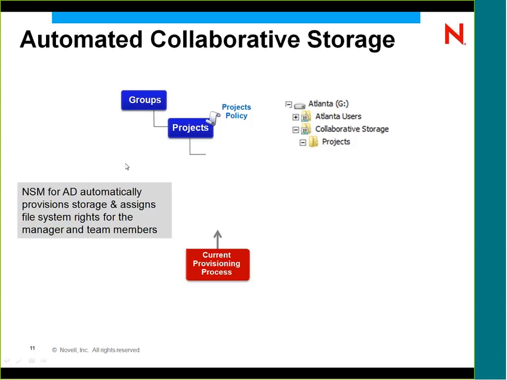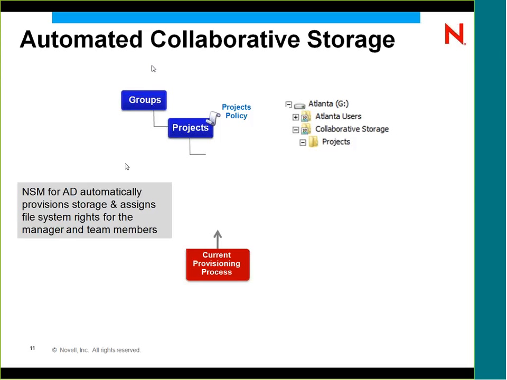So, managing collaborative storage with policies, one of the examples I used was for an architectural firm that implemented project-based storage. Every time a new project came up, they created a group, and Storage Manager automatically provisioned the files and everything needed for the manager as well as each team member.